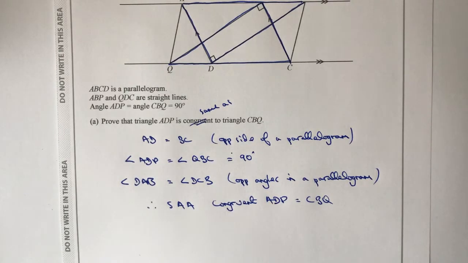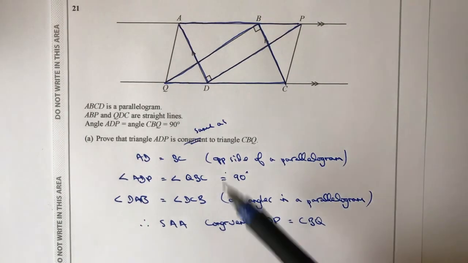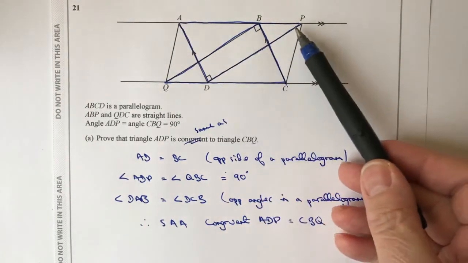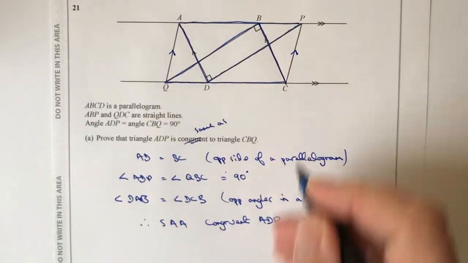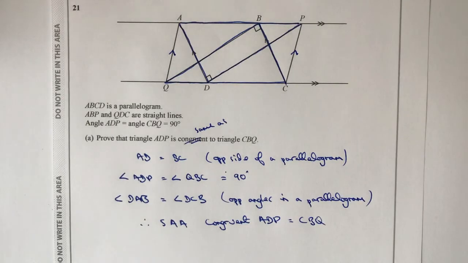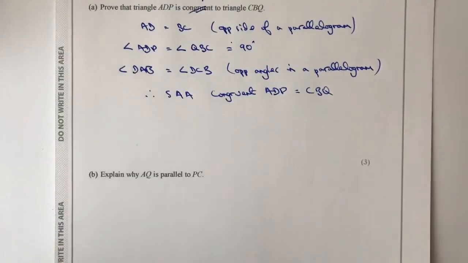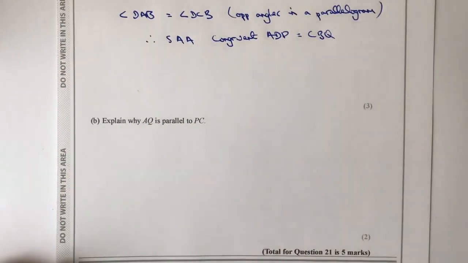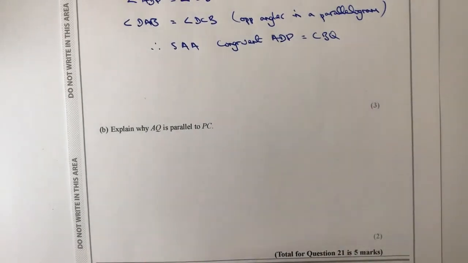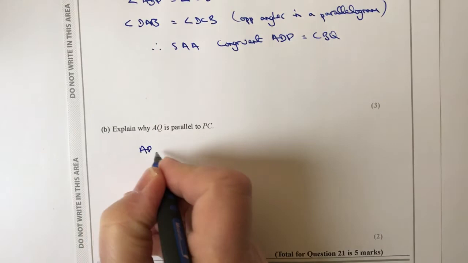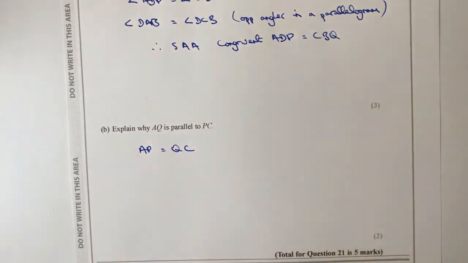Okay, and then finally we've got to explain why AQ is parallel to PC. So that line and that line are both parallel to each other. Okay, so again, we have a bit of a clue in the first one, in that we can say that AP equals QC.